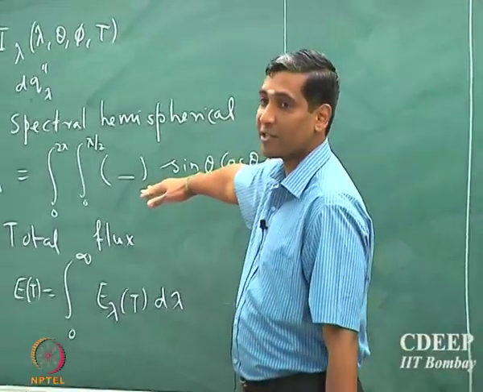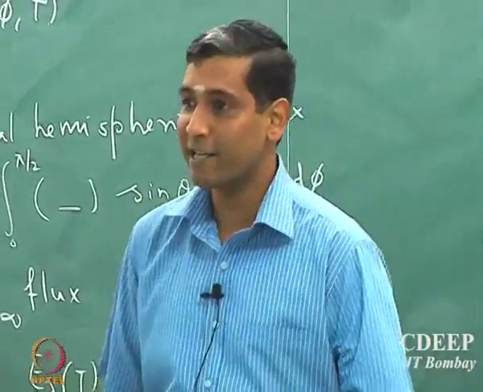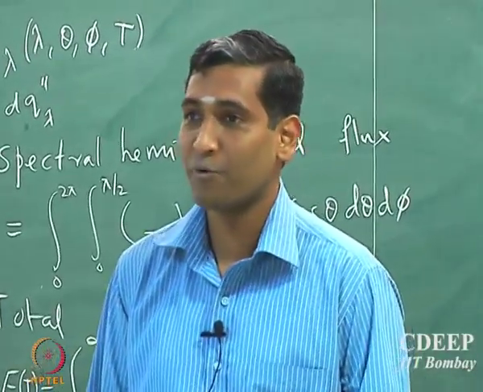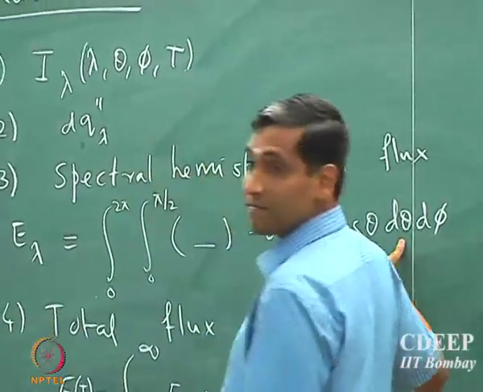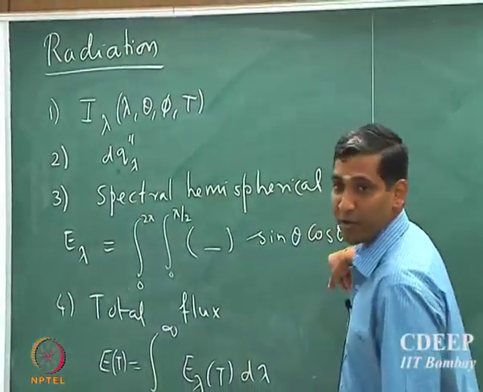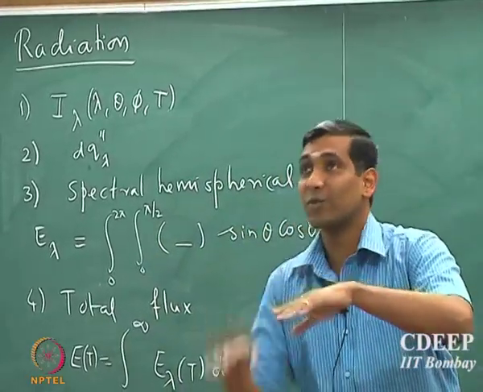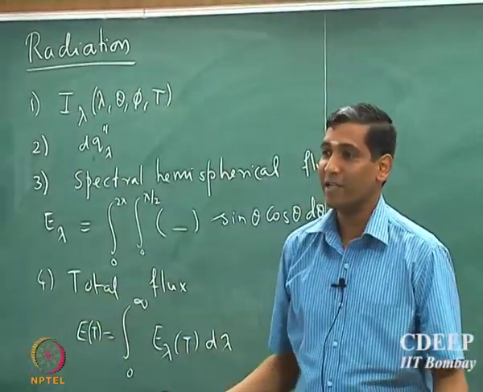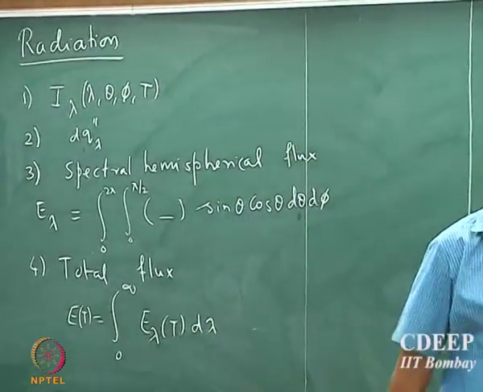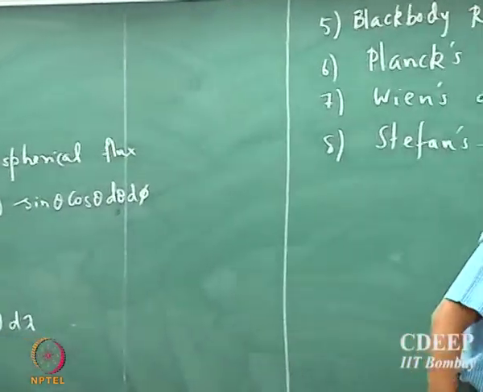In this case, if it is a surface emission, you cannot integrate from 0 to pi. It has to be 0 to pi by 2 on the angle theta. Because it's a surface emission, you cannot see the other side of the surface. It's only seeing the top side, so you have to integrate only in the upper hemisphere. Any other question?